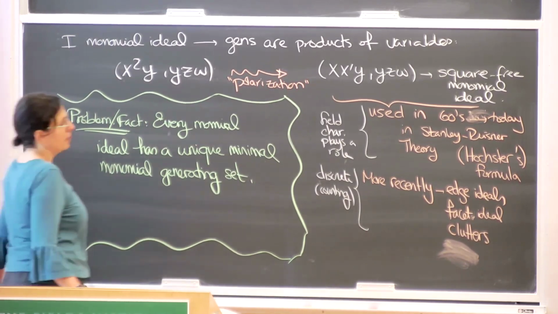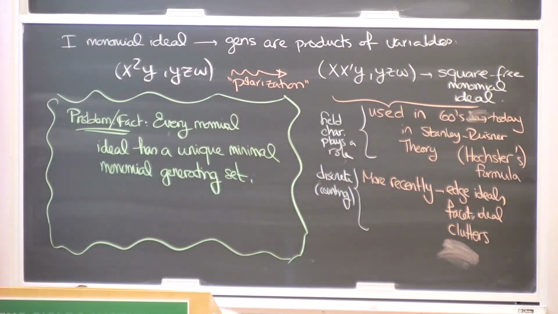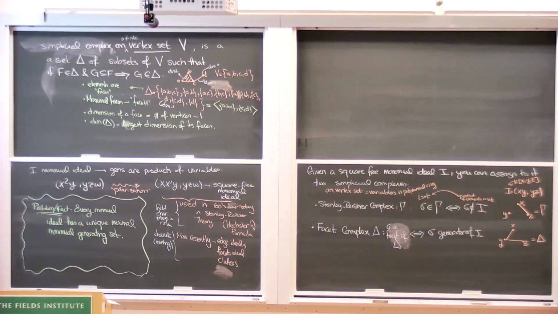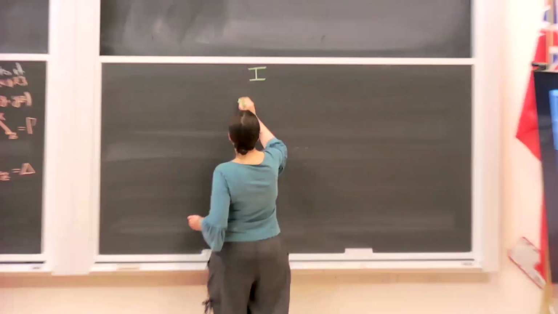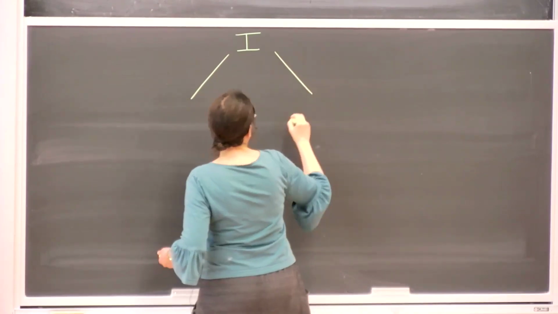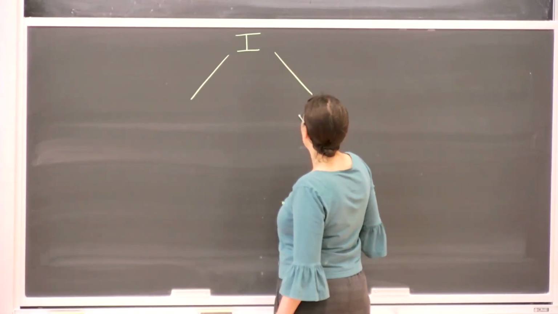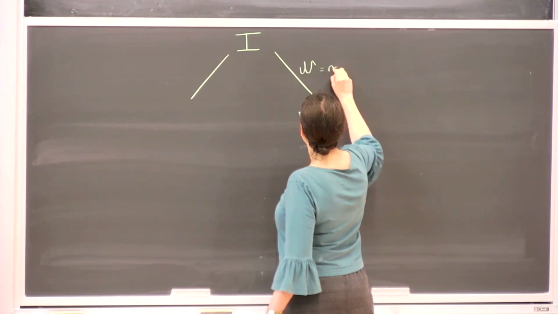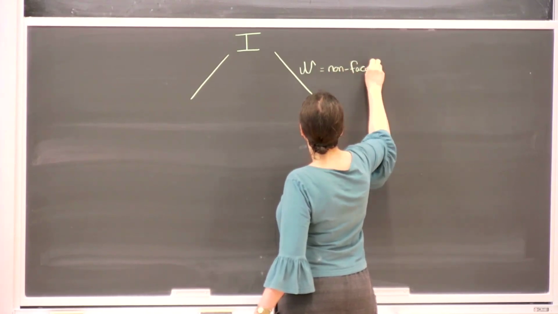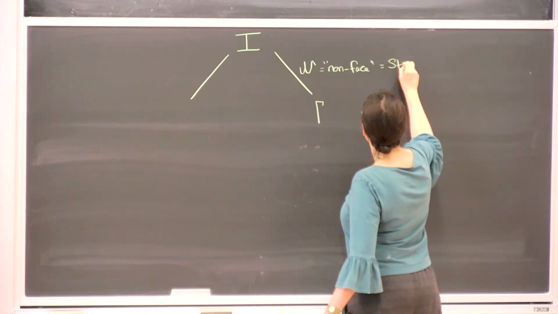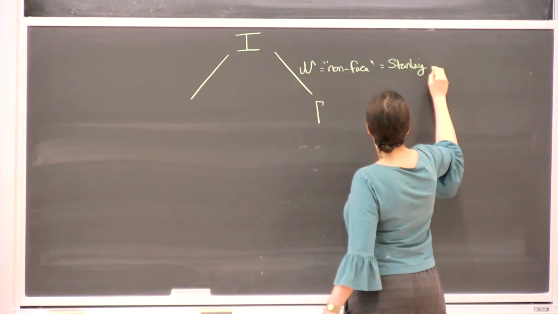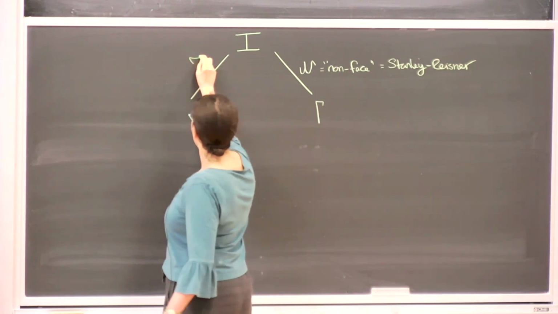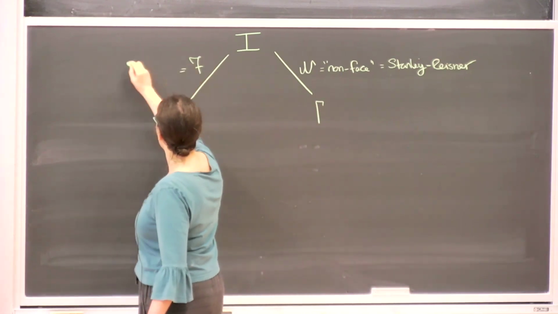Same idea, this is a one-to-one correspondence. Maybe I'm going to start my diagram here. If you have your ideal I, you have this gamma, which is the Stanley-Reisner complex of I. I usually put an N, which means non-face. And here I put an F, and I call this delta. This stands for facet.